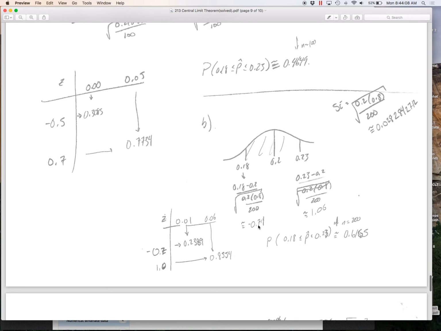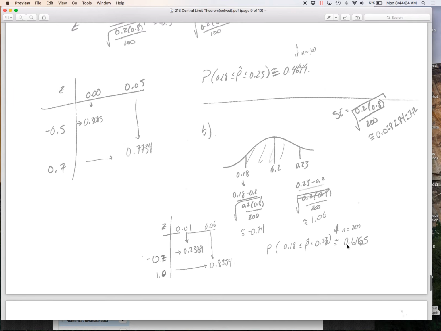I get a negative 0.711 and a positive 1.06. Looking these values up on your z-table is something you can practice if you want. I find the difference in the probability is a little bit higher here. The probability of being between 18 and 23 goes up.